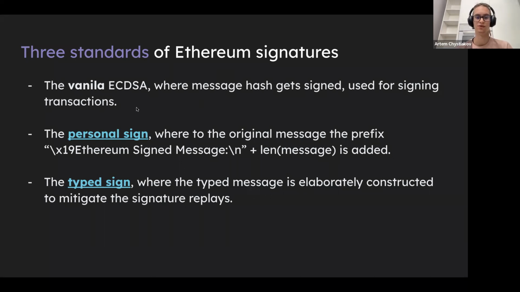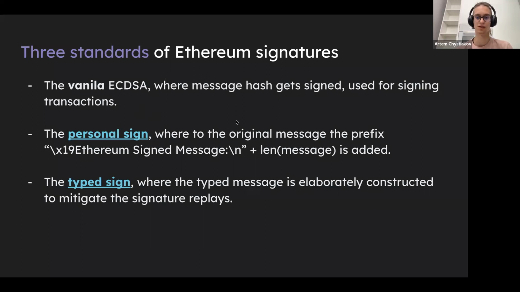And of course, the user won't understand and decode those bytes to see what's going on. So they would just blindly sign the message, and as a result, they're signing the transaction. And yeah, the scammer will then send the transaction and get all the funds the user has.